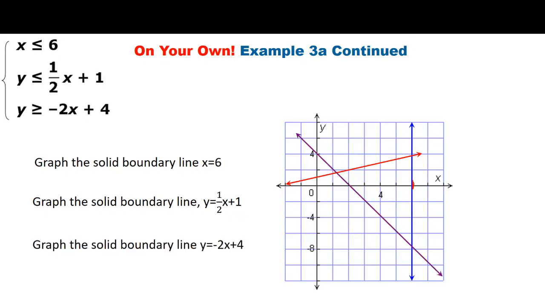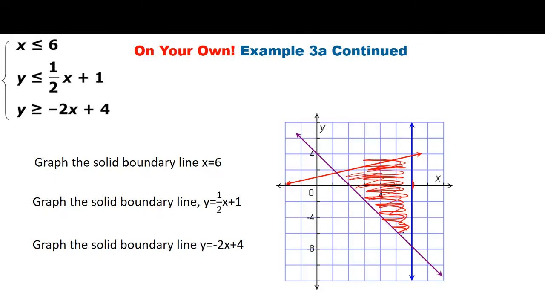So there's that point. And now what happens when we shade everything in, let's see, x is less than 6. So x is less than 6. That's going to be this piece right here. It says y is less than 1/2, and so that was this piece right here, this red one down here. So again, we get to shade that part in.